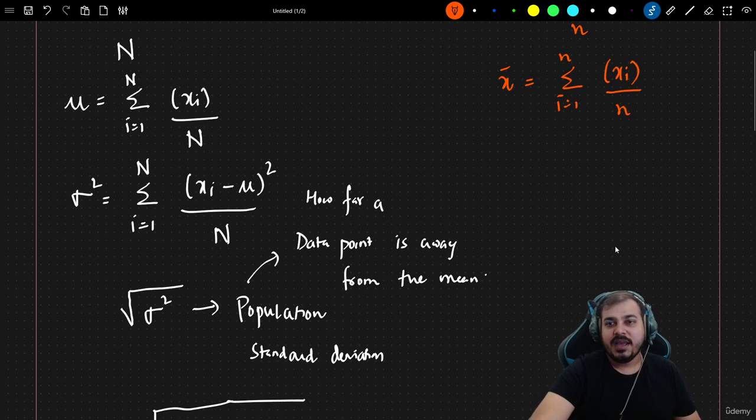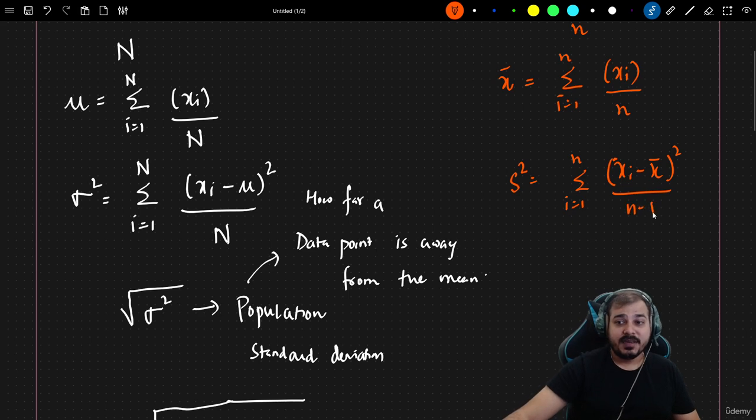The earlier one is your population mean. Now you compute your sample variance. This is again summation of i equal to 1 to small n of x of i minus x bar whole square divided by, and this is important because of Bessel's correction, we write it as n minus 1.